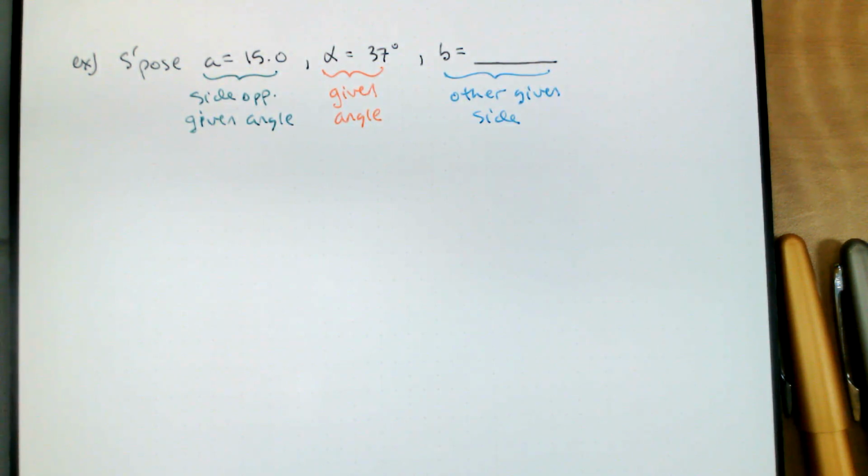My proposal is that depending on the value of B, depending on the value of the other given side, we can produce 0, 1, 2, or 1 triangles.